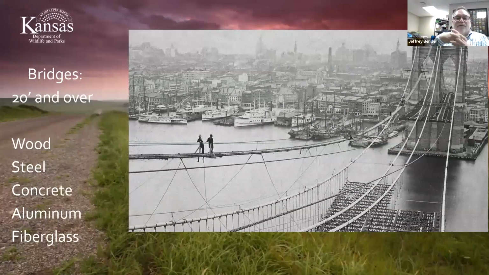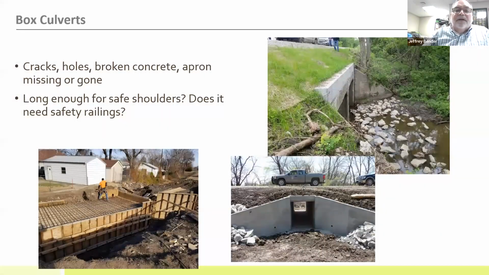Go back for one second there, Nancy. Another thing to consider with boxes along some of the bigger trails: the picture on the upper right was one that we had to do some extensive repairs on. Initially, this thing was probably not built long enough.